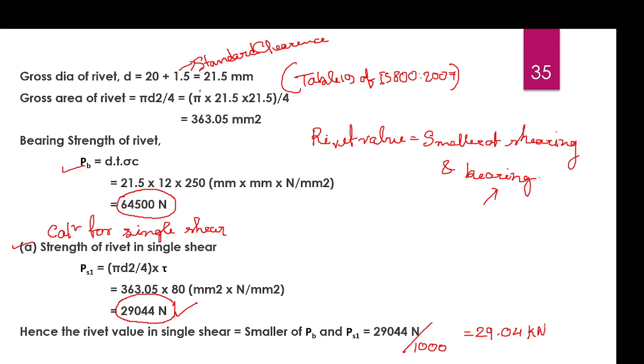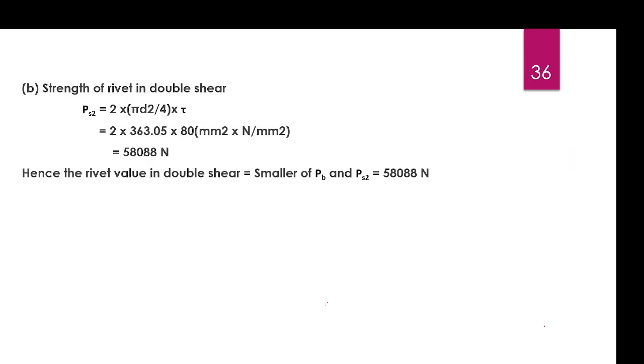Or you can divide it by 1000 to have it in kilonewton. Next we are going to calculate the shear strength in double shear condition. This is nothing but twice the value we calculated in the single shear condition. So multiplying it by 2, we can have the value as 58,088 Newton. The same concept applies here, that is the rivet value in double shear will be smaller of PB and P suffix S2.